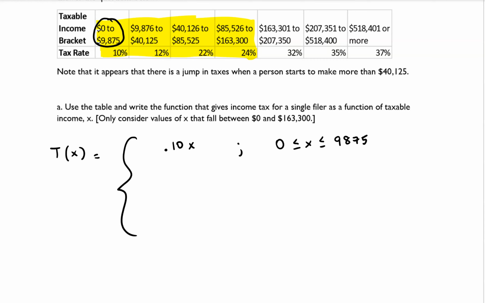Now, in order to calculate the next subfunction, we would want to create a new function down below. And basically, if you've made the maximum in that tax bracket, which is $9,875, you're going to be liable for a tax of 10% of that number, 9,875, which if you take 10% of that, that is equal to $987.50.